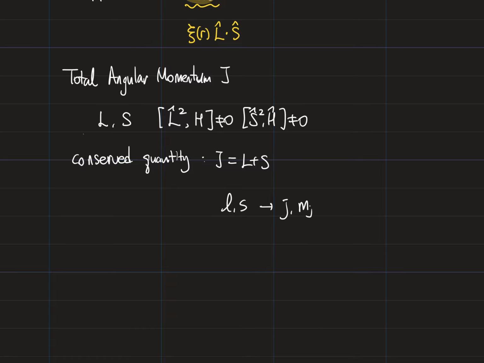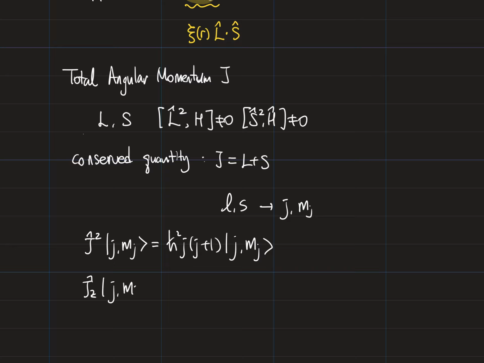J squared operated on |j m_j> gives the eigenvalue like this. And J_z operated on |j m_j> gives h bar m_j times |j m_j>.